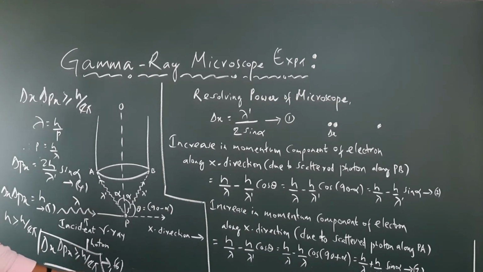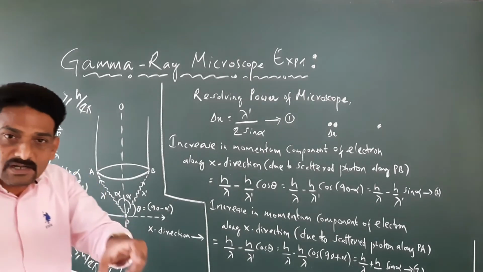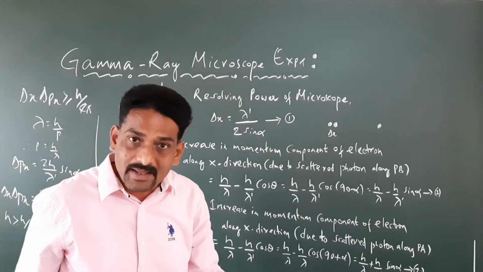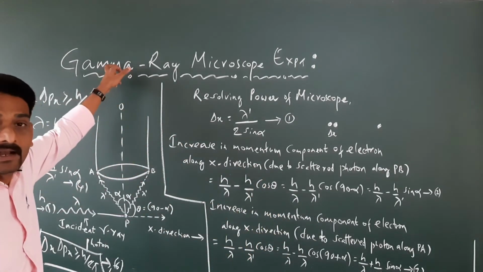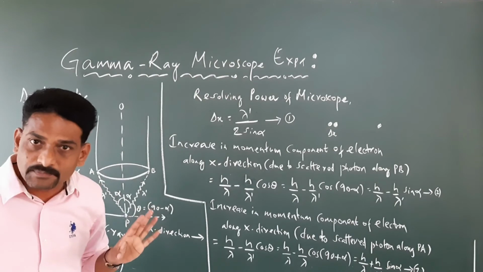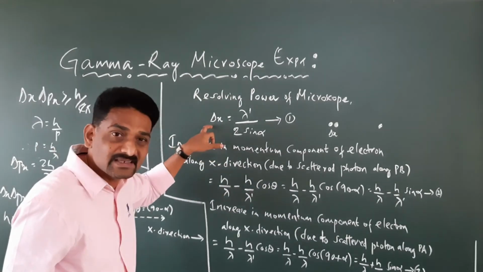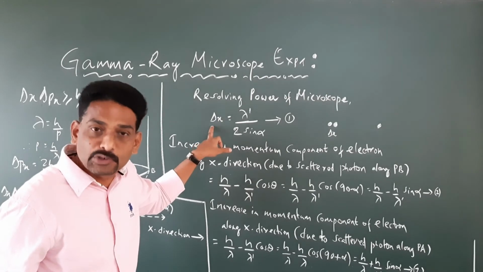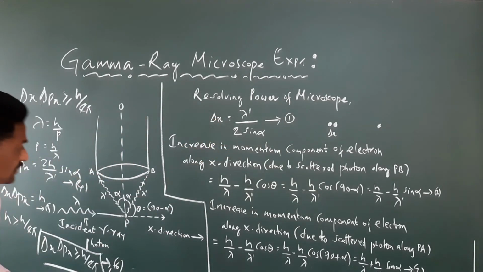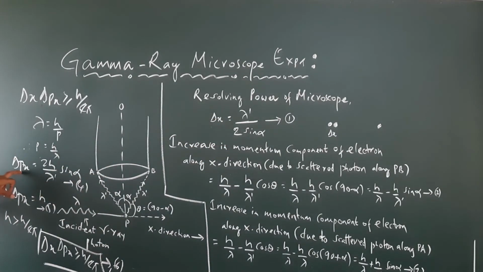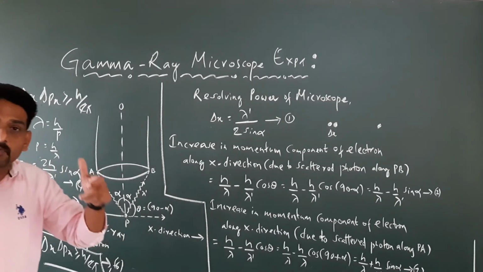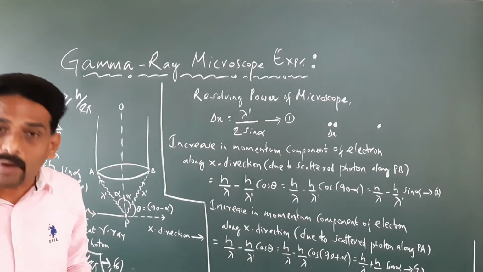So what did we get in this equation? We derived the Heisenberg's uncertainty principle by taking an experiment known as the gamma ray microscope experiment. In that experiment, we measured the value of delta x, the uncertainty in the position of the particle, and the value of delta px, the uncertainty involved in the momentum of the particle.